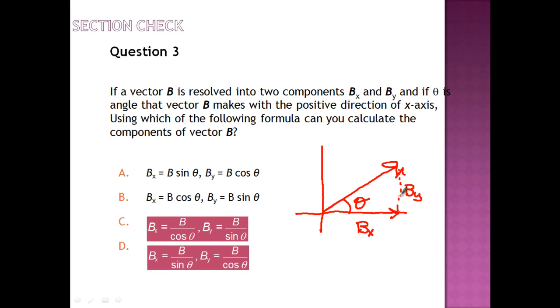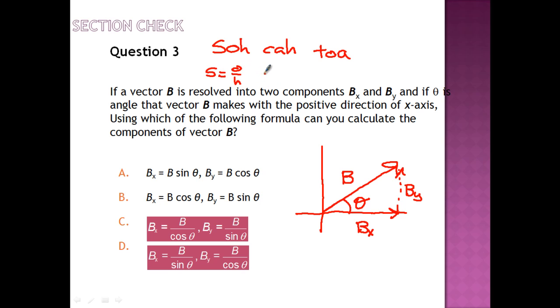So to find by, if I know what b is, and I remember SOHCAHTOA, sine equals opposite over hypotenuse. So if I'm looking for the opposite, then sine equals opposite over hypotenuse.